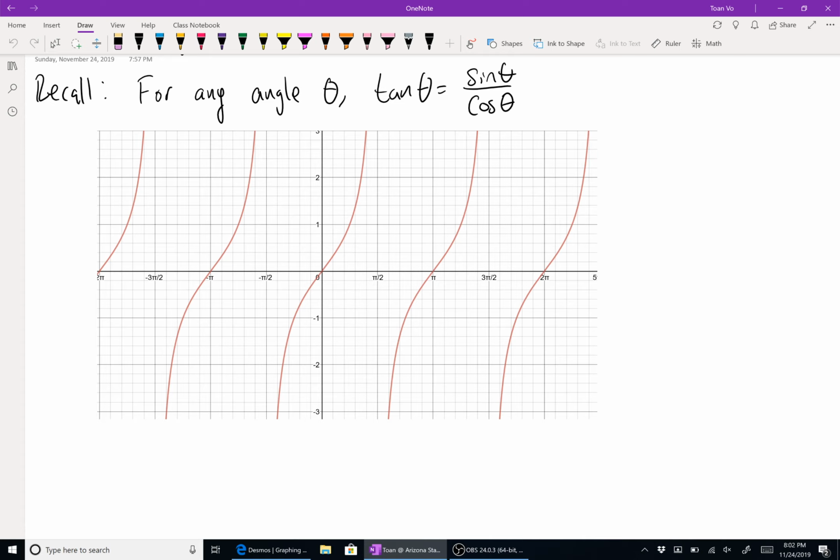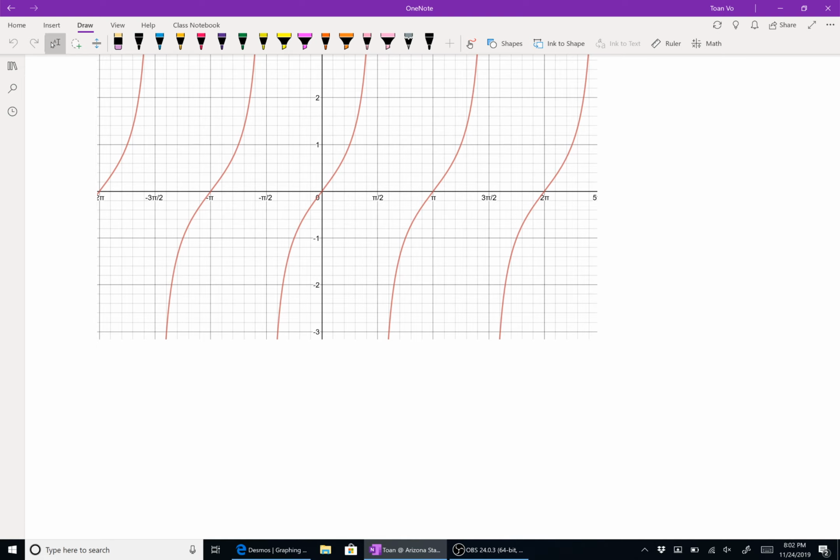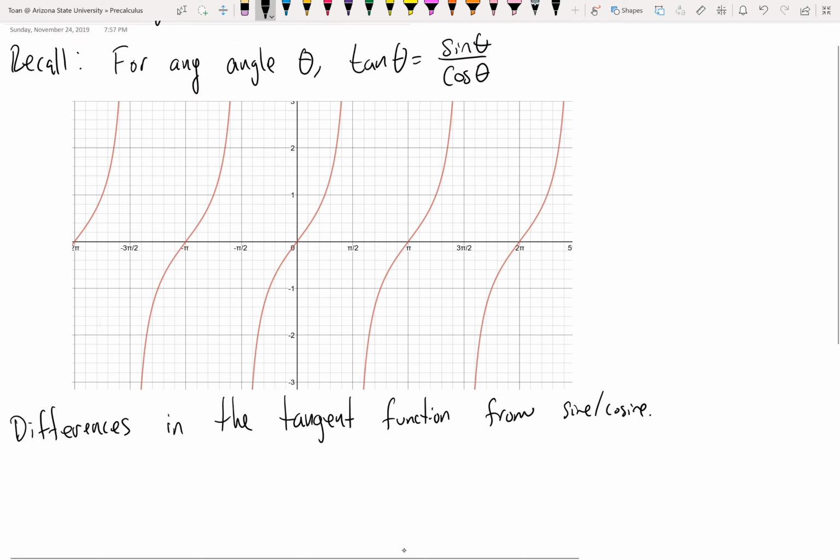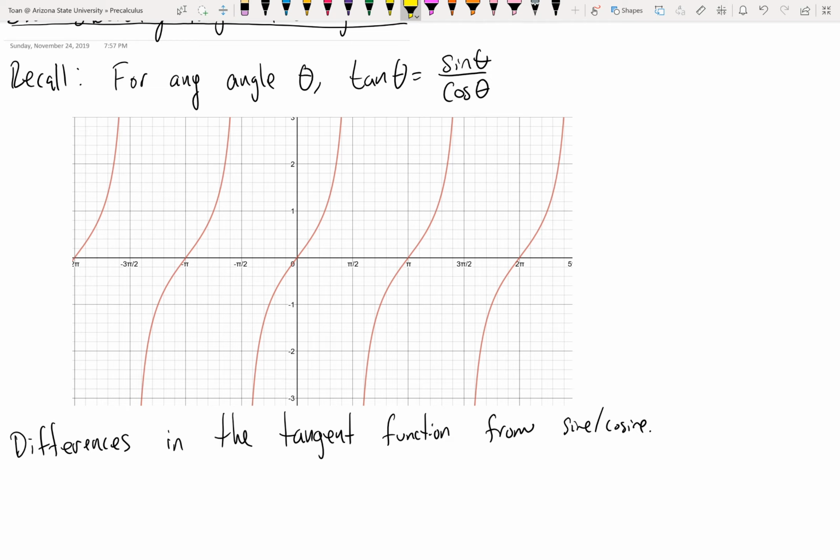Now, I want to note some similarities and differences. Let's start with the differences in the tangent function from the sine and cosine. Notice how when we analyze sine and cosine, we want to take a look at one full cycle, one full period starting at 0.